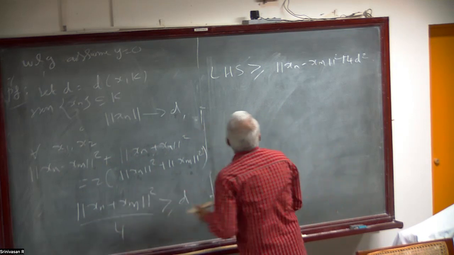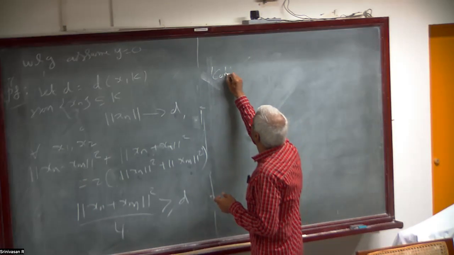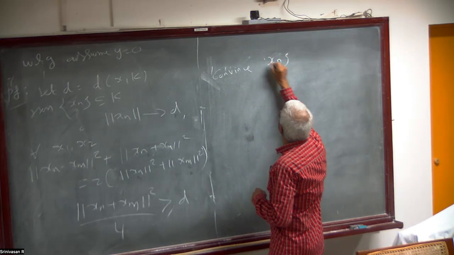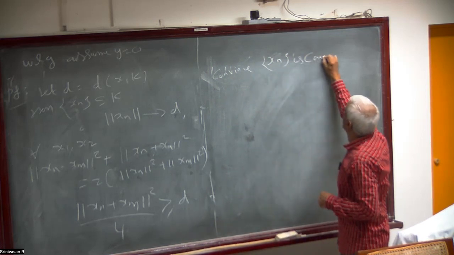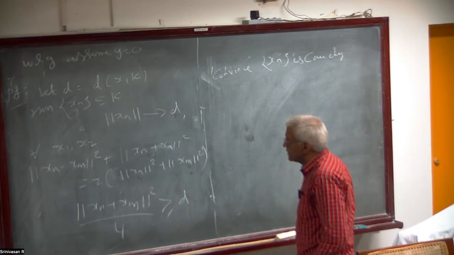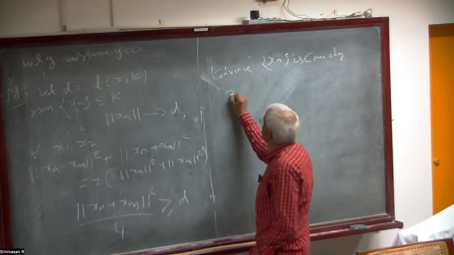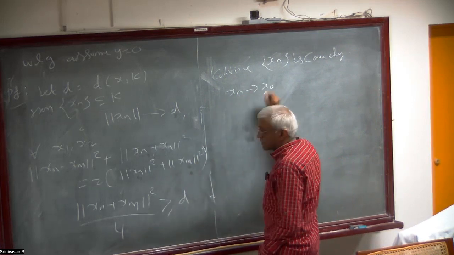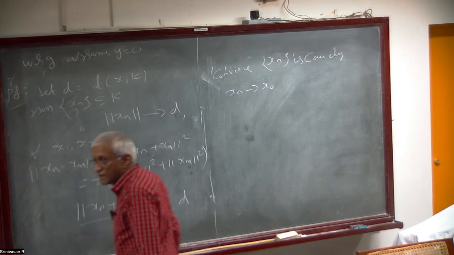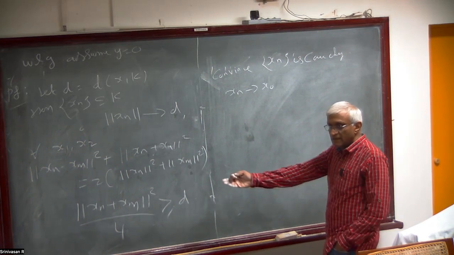So this convinces us that xn is Cauchy. Okay, that's all. So from that it follows that xn is Cauchy, so xn converges to something. So xn converges to x naught, and that x naught is the requirement.